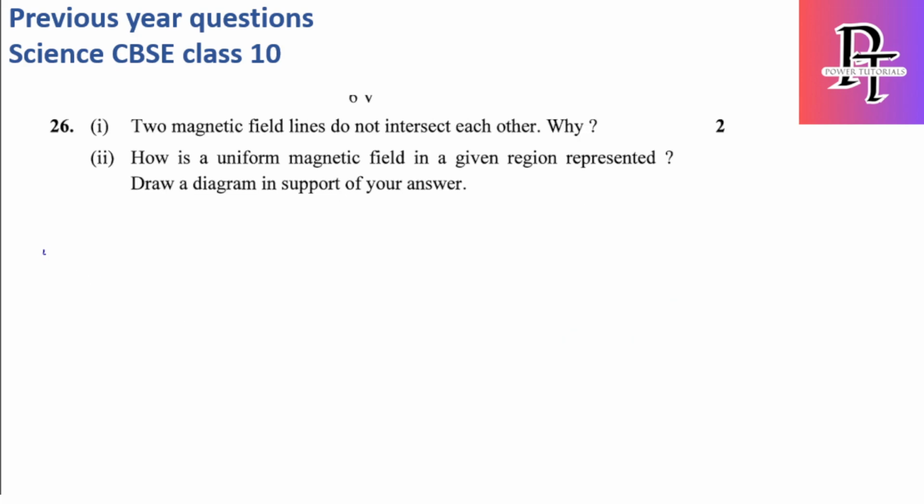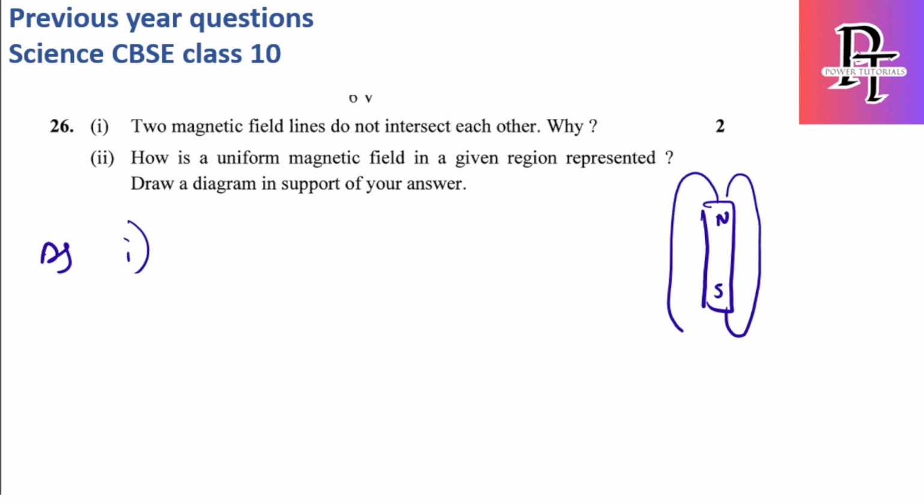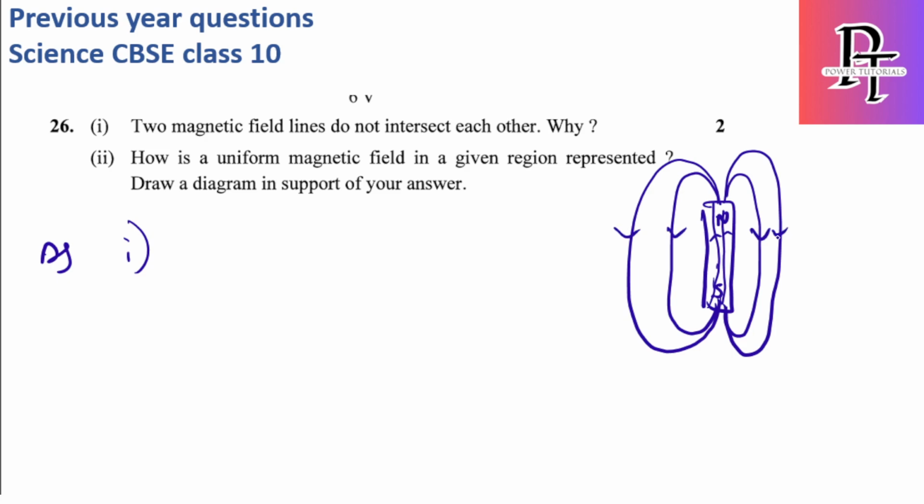Which is the 26th question. So the 26th first part: two magnetic field lines do not intersect each other. Why? If you remember, for a bar magnet, north and south, it will have two poles. From outside the lines will go like this, whereas inside, they will go from south to north. Outside, north to south. So if you notice, they will not intersect each other.